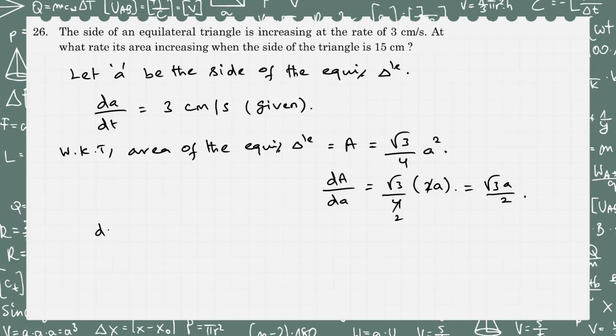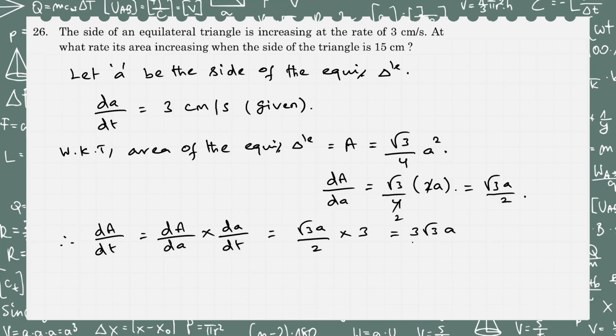But we wanted dA by dt. So by applying chain rule, we can write this like dA by da times da by dt. So this will be root 3a by 2 into da by dt's value is 3, right? So this will become 3 root 3a divided by 2 centimeter square per second, because this is area with respect to time.